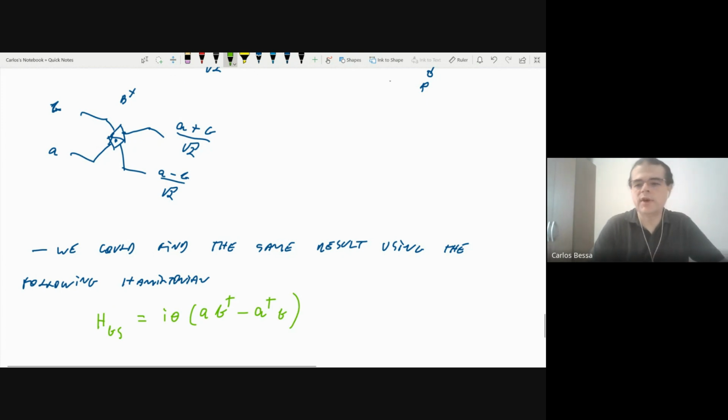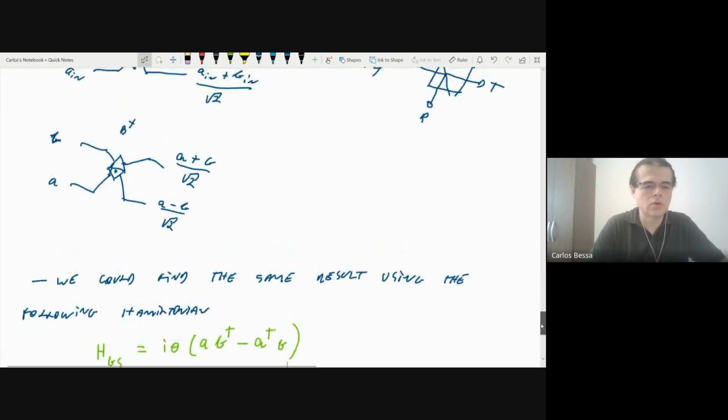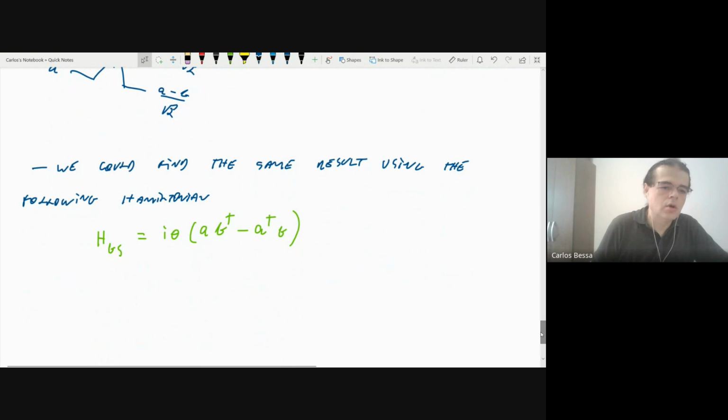Okay, and he defines the beam splitter operator, and the beam splitter performs the unitary operation.